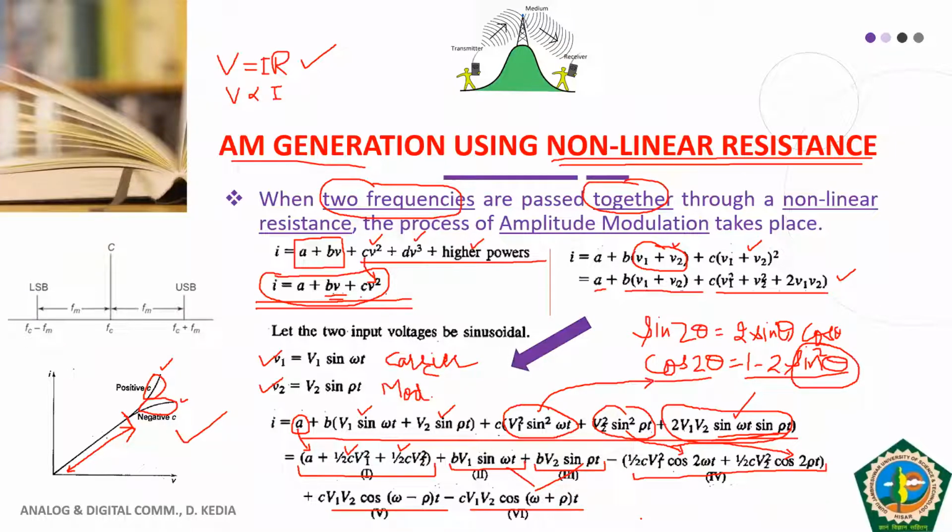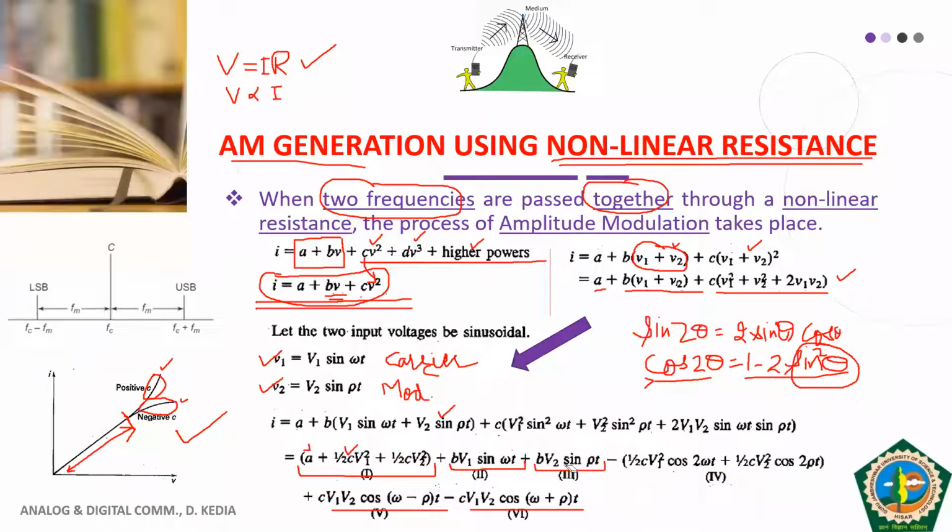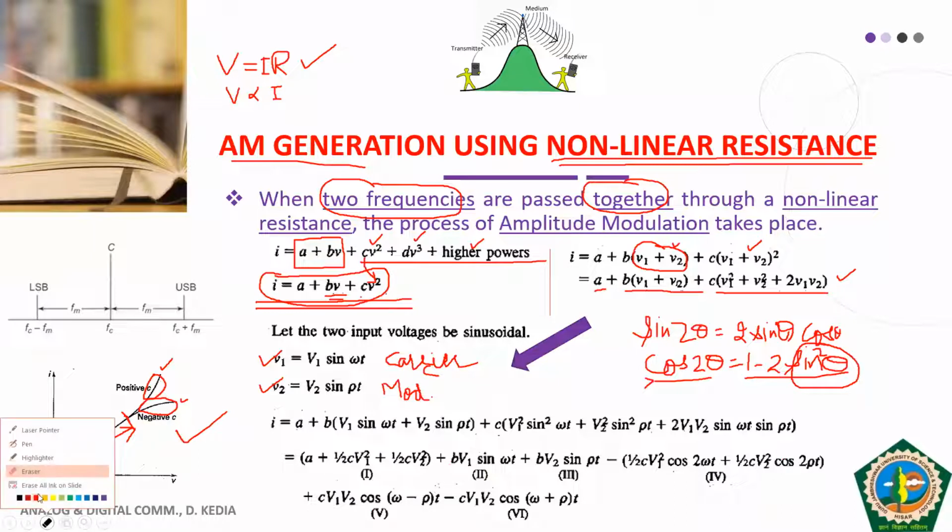So if you carefully look at all these expressions, let me erase a few things which are creating confusion. After putting these frequency values and solving these expressions, we are able to make out a few things here.